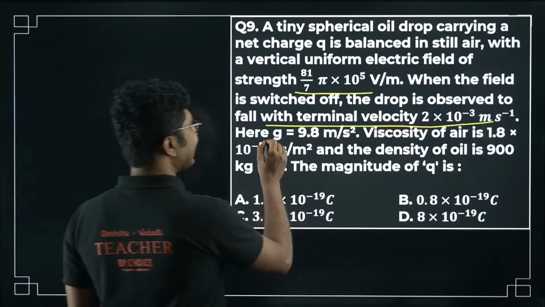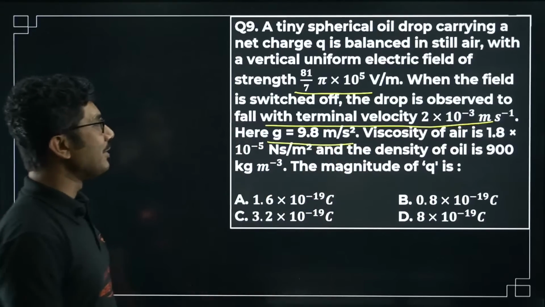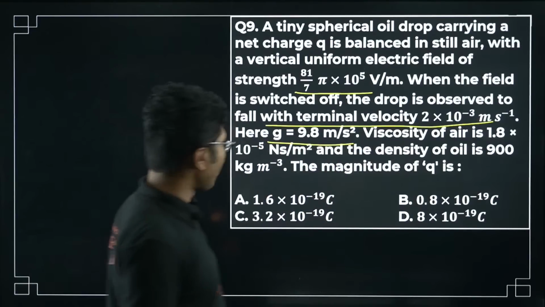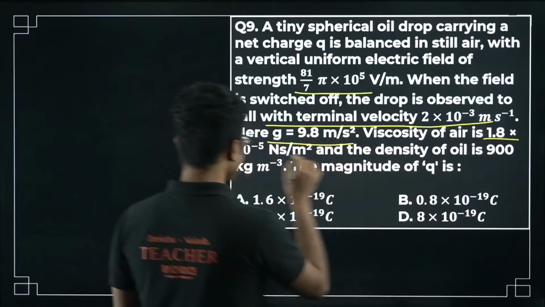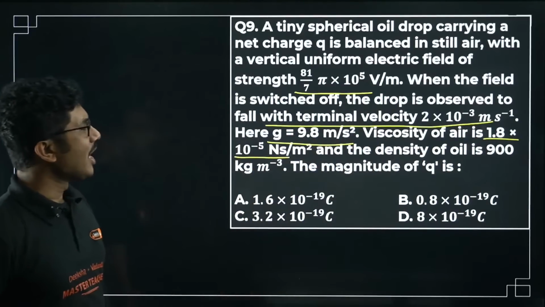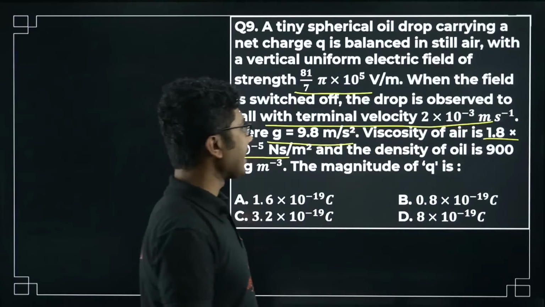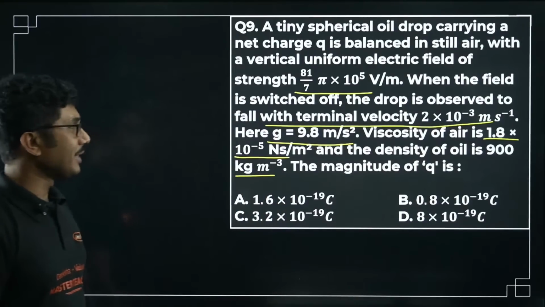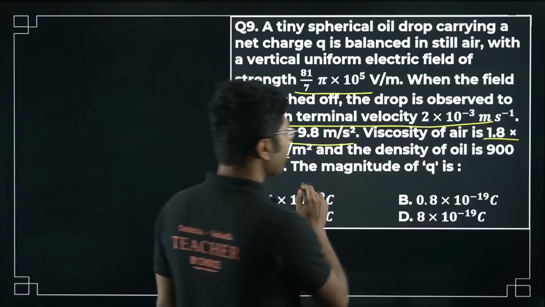Here g is 9.8 meter per second square. Viscosity of air is 1.8 into 10 to the power of minus 5 Newton second per meter square, and the density of the oil is 900 kg per meter cube. The magnitude of Q is.